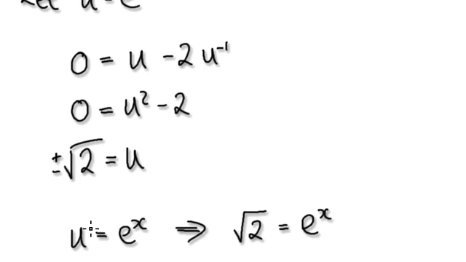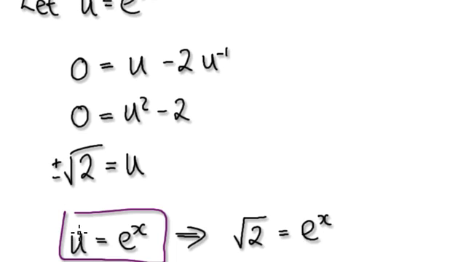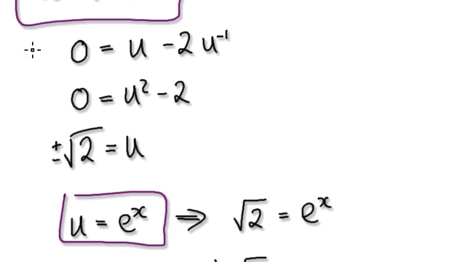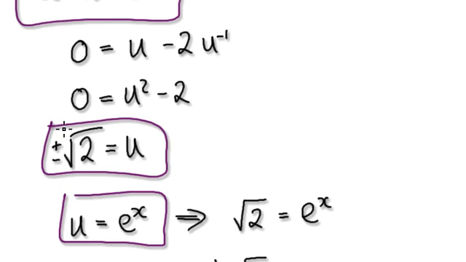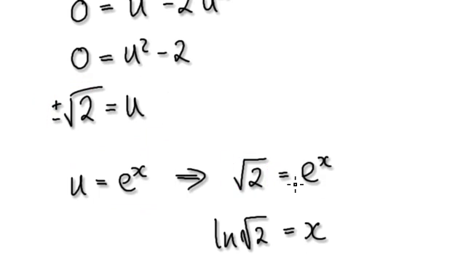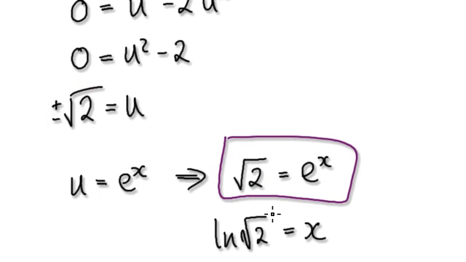Remember u equals this. We set u equal to that earlier. So once we've got u, translate it back into x. So u equals this. Now take the natural log of both sides.